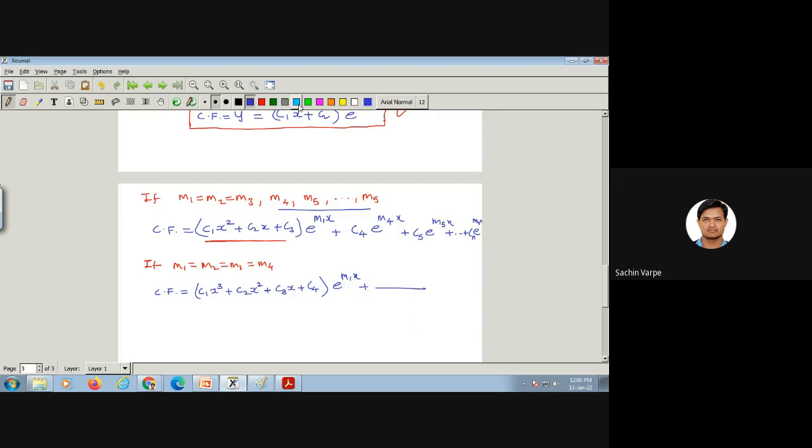तो जिसको कंफ्यूजन है कि x के कौन से पावर से स्टार्ट करे, तो उनके लिए मैं और एक ट्रिक बताता हूँ. How do we write the complementary function? Those who are confused with the powers of x, they can write like this. This can be written as c1 plus c2x plus c3x square. ऐसे भी लिख सकते हो. Then arbitrary constants don't matter how you write. ठीक है, तो आप ऐसे भी लिख सकते हो.